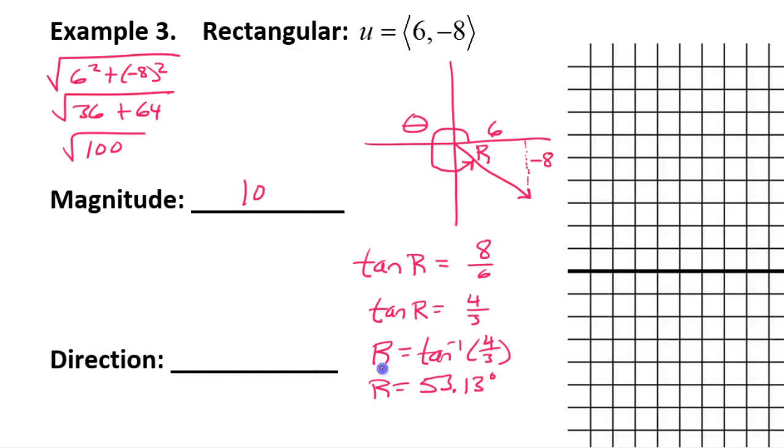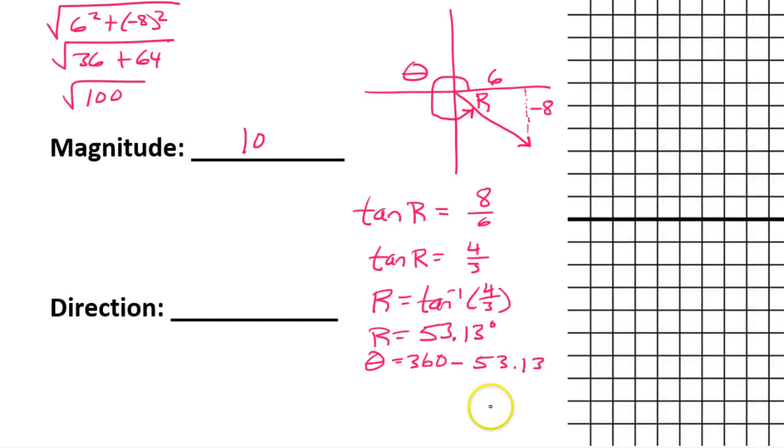I'm going to call that theta. And theta should be, it was on its way to being 360 degrees, but it stopped short by the amount of r. So theta should be 360 minus 53.13. That's 306.87. That's the direction.